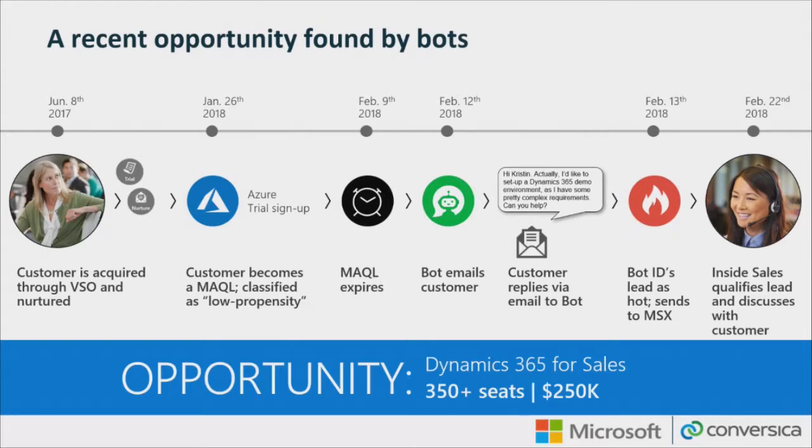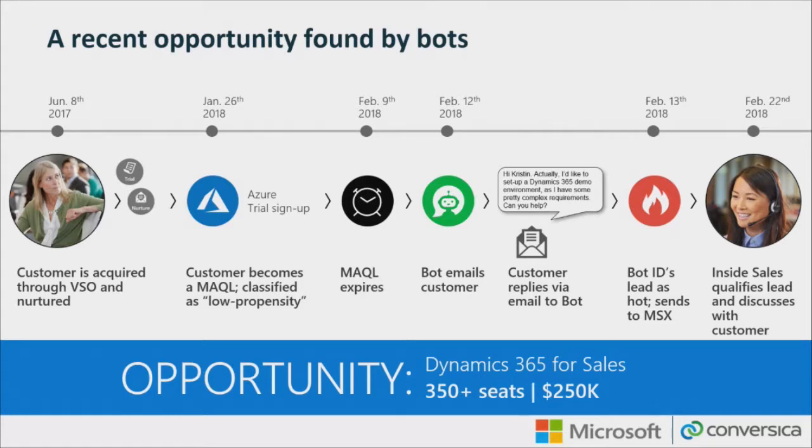We send that context over to the sellers, and they're able to see, oh, okay, I need to get someone with Dynamics 365 expertise on the phone. That helps accelerate the sales cycle because they can get them on the phone right away, versus determining what the customer wants on the first call and then having to have a second call.